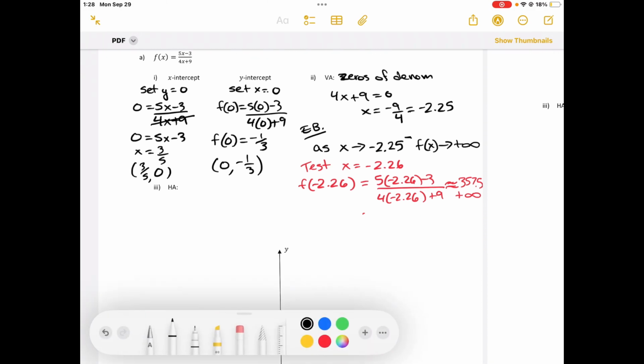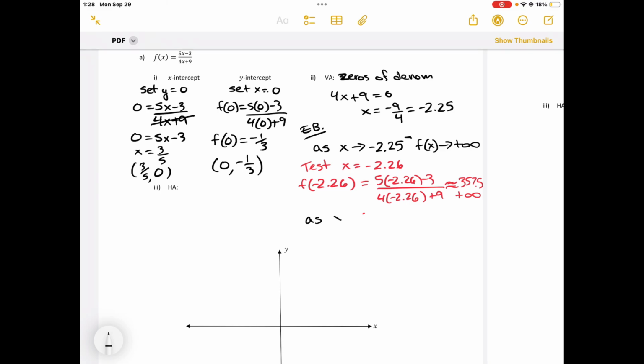I'm going to repeat the same process, except I'm going to test a value that is on the right-hand side of that asymptote. So as x approaches minus 2.25 from the right, I want to know what's happening to my function. And so I'm going to test x equals minus 2.24.